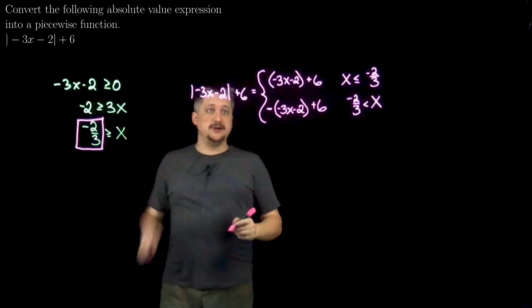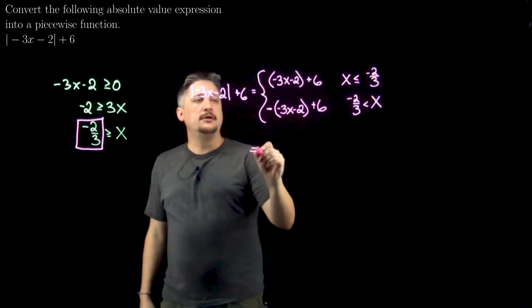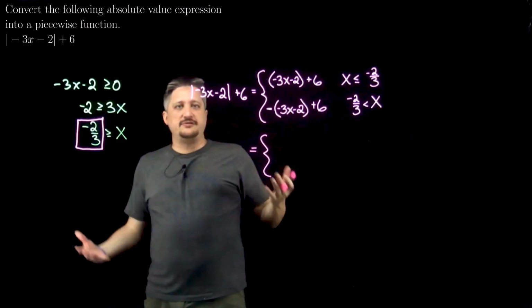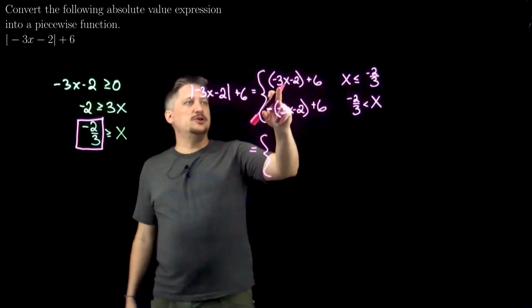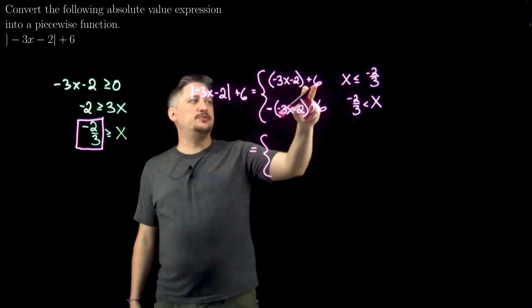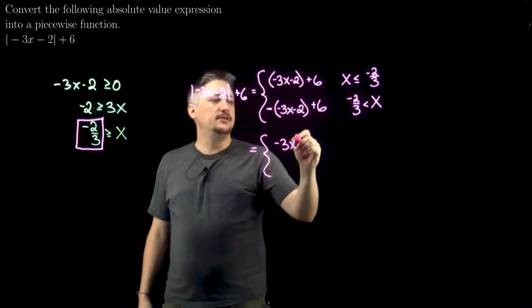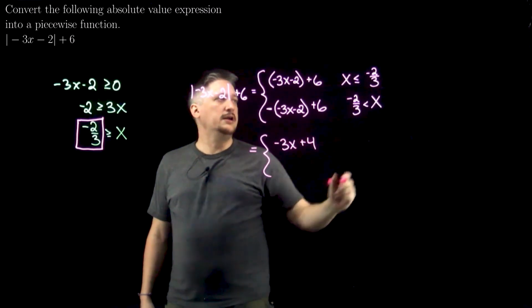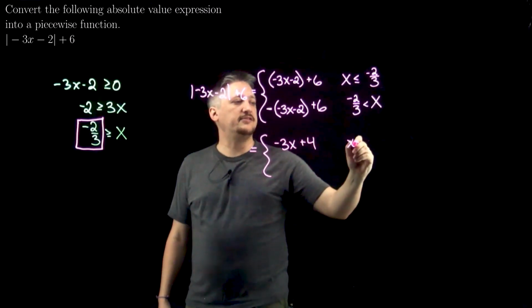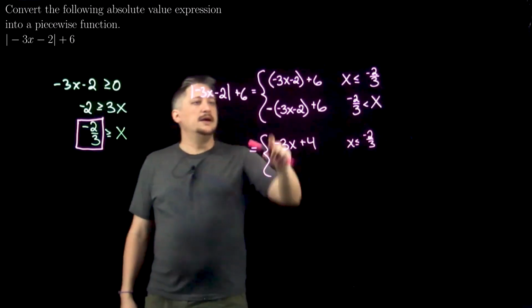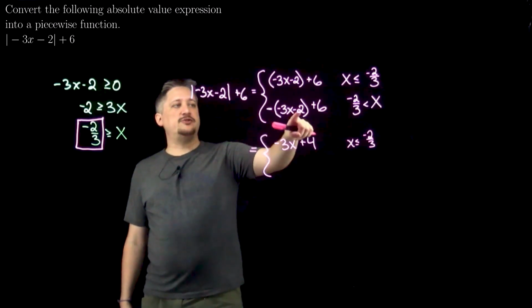And now I can simplify. So for the top, these don't do anything because they didn't get multiplied by -1, so I'm just going to have -3x minus 2 plus 6, so I can put those together. I'm going to get -3x plus 4, and that's when x is less than or equal to -2/3. And down here, I'm going to have the negative, but I have to distribute it.